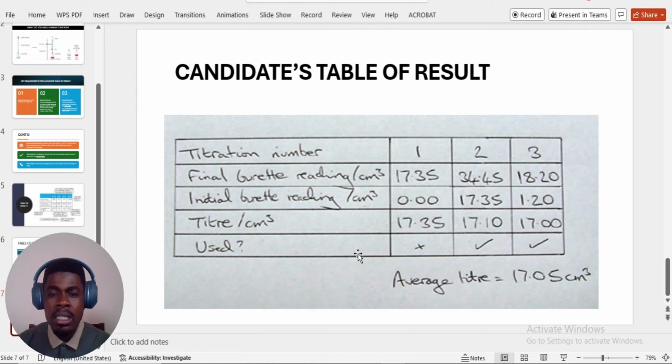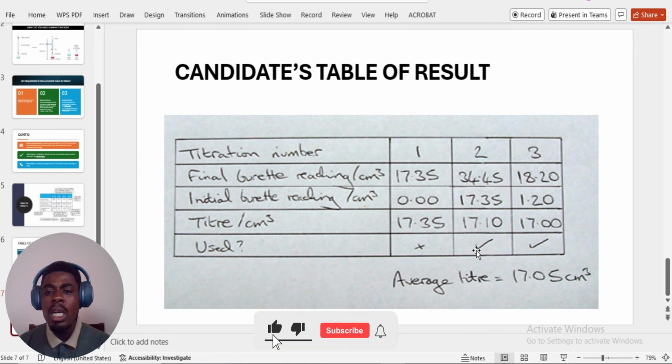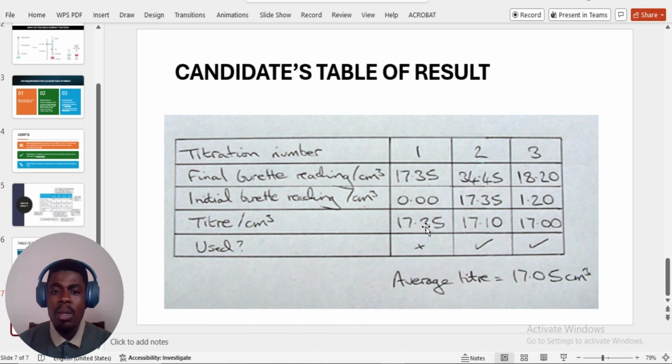This is another candidate's table of results. There is nothing wrong with this result. This student is going to get full points. You can see clearly the concordance is shown, taking 2 values indicating that experiments 2 and 3 are concordant, whereas experiment 1 is not concordant with 2 and 3.